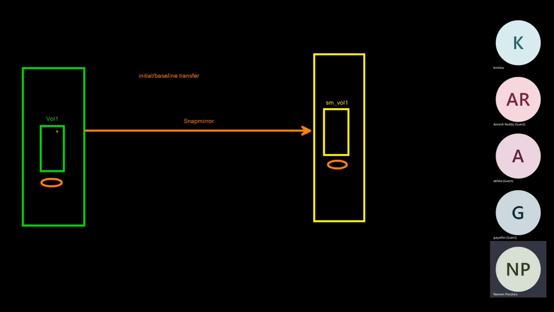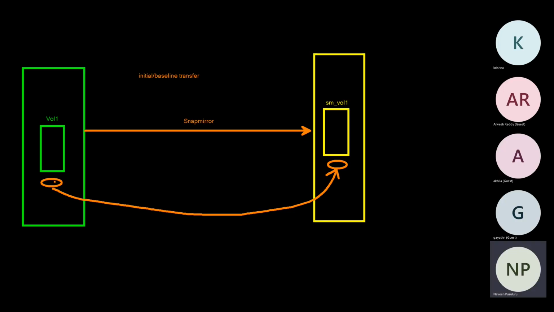After that, whatever data changes happen on the source will be captured by the snapshot, right? So whenever it has to transfer the data again, according to schedule or if we are transferring manually, it will compare these two snapshots.